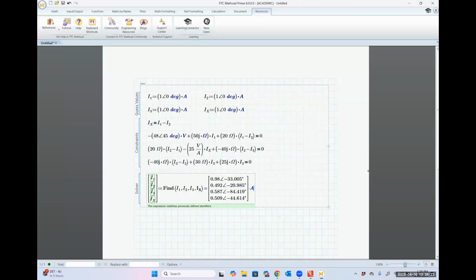Yep, absolutely. So outside of the solve block, I can say that Vy will be, colon equals, or it's a shift colon, 25J ohms multiplied by I3, and I get that result.